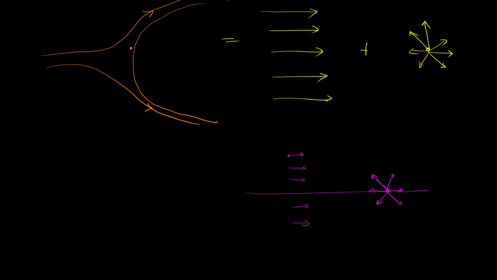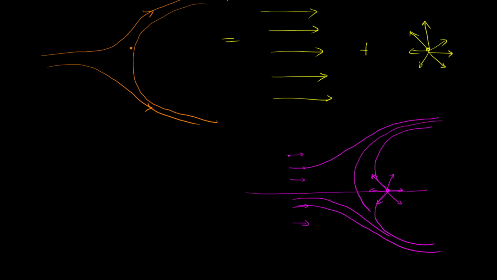So while it will have these kind of streamlines, there will be a point where the streamline will simply go like this. And there will be a stagnation streamline as well, that is the streamline where the velocity is 0. So that particular streamline will be the stagnation streamline.